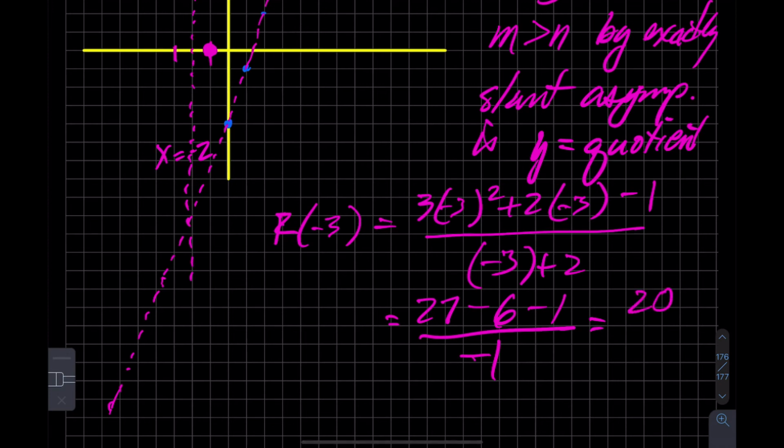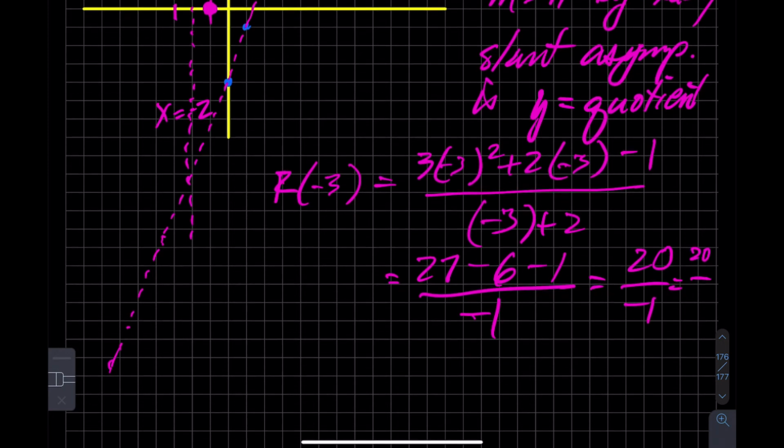Minus 1 is 20 over -1, which is a negative number. But it's a -20. So -20, where's -20? Well, it appears to be below this slant asymptote. -1, 2, 3, 4, 5, 6, 7, 8, 9, 10, 11, 12, 13. So it's down here somewhere, okay?